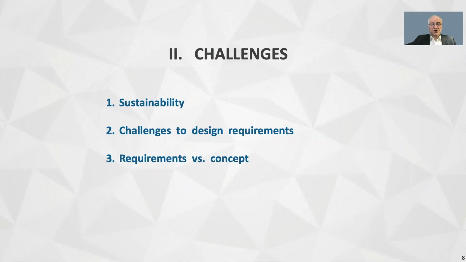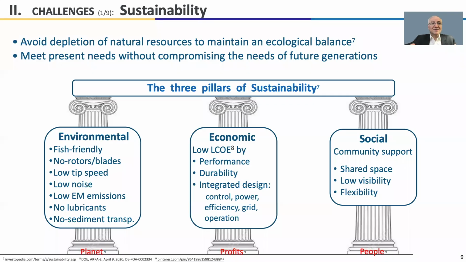So let's talk about challenges. Under the umbrella of sustainability, we can identify several challenges which translate to design requirements. Then we will discuss how many of those requirements we can satisfy with the concept we have developed. Sustainability means avoiding depletion of natural resources to maintain an ecological balance.